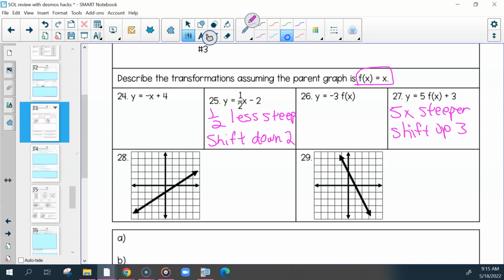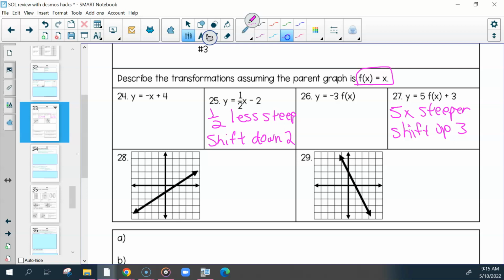If you're adding to the y-intercept, it's going up, and if it's subtracting, it's going down, right? Yes. And if it has more slope than before, it's going to be steeper, and if it has less slope, it's going to be less steep.